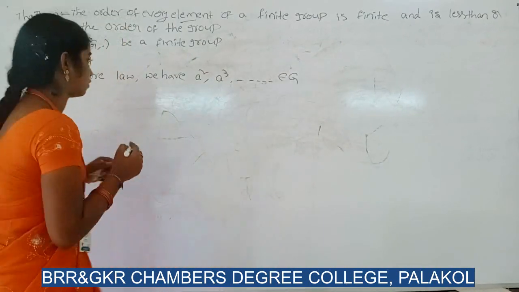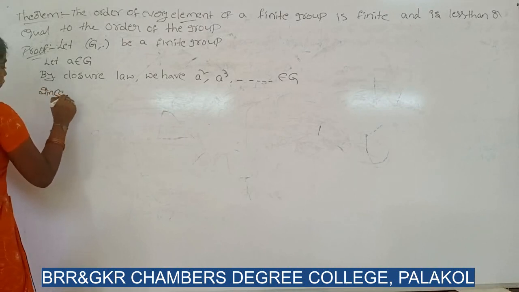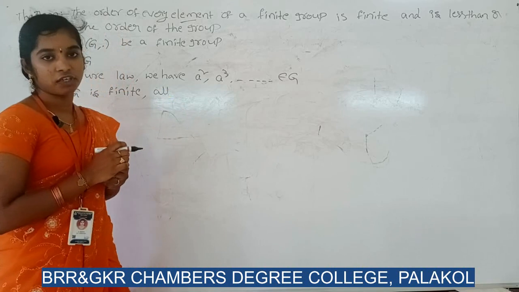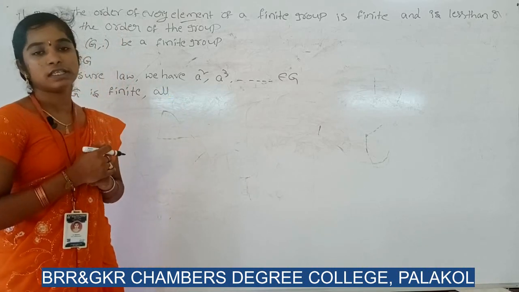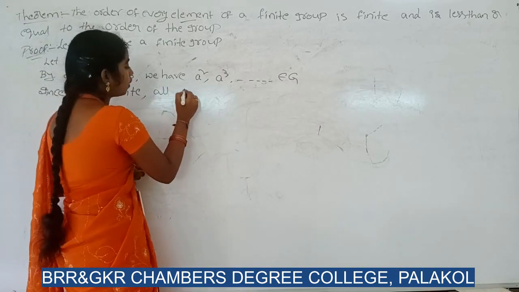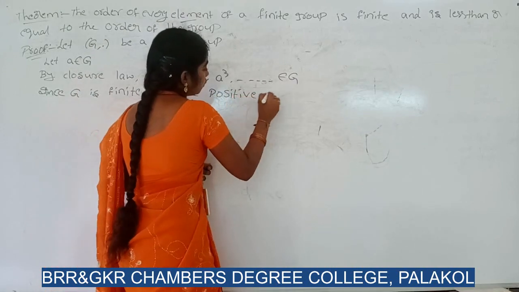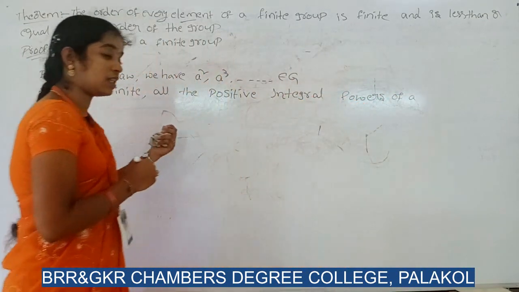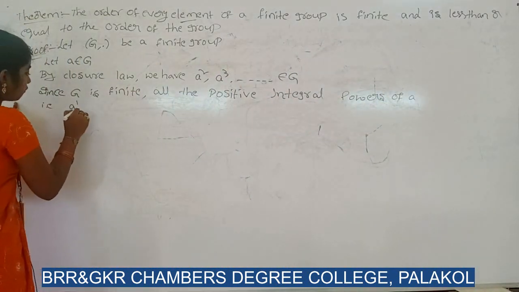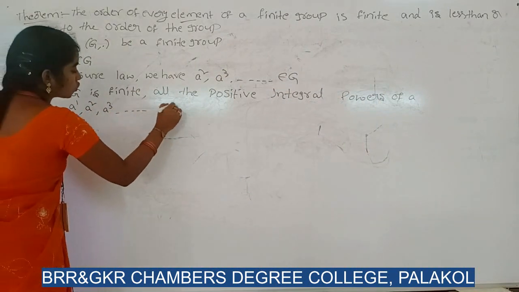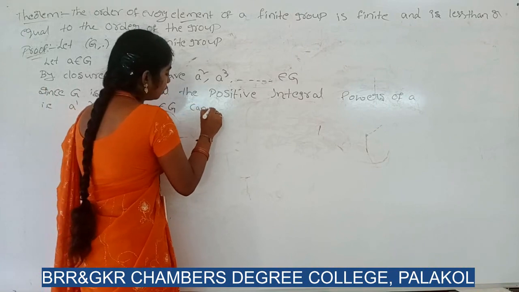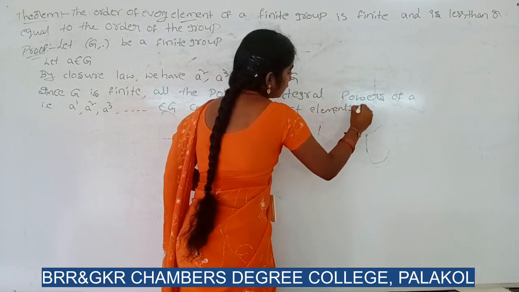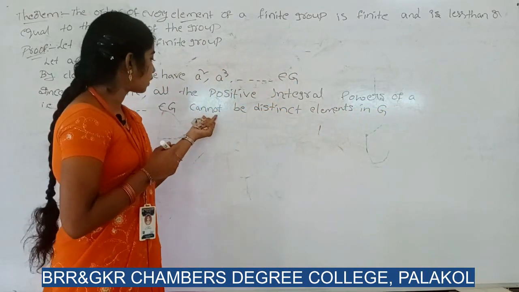Since G is finite, all the positive integral powers of a, that is a power 1, a square, a cube and so on, belong to G, cannot be distinct elements in G. Already you know that distinct means different elements, so they cannot be all different.